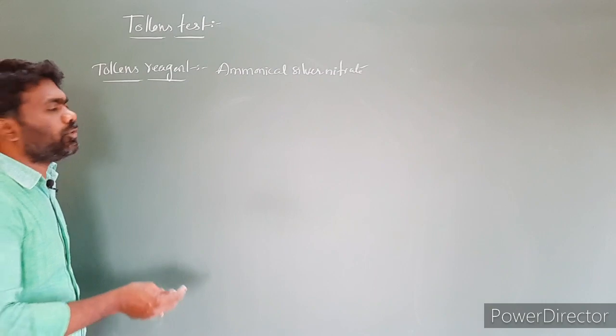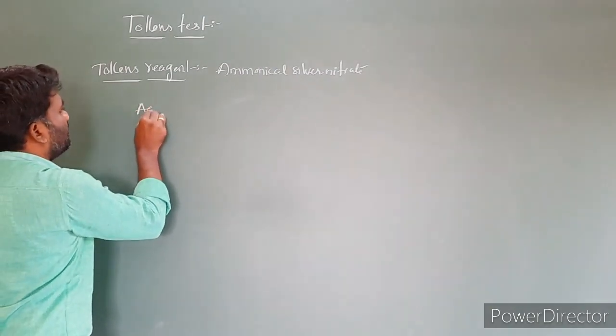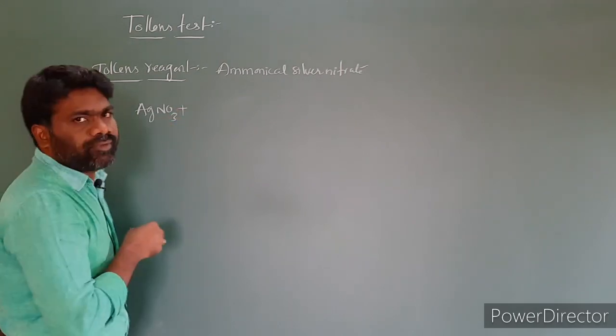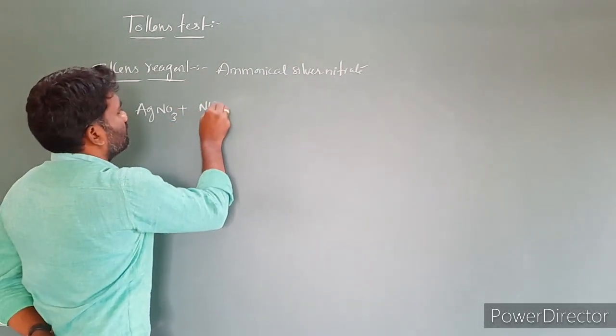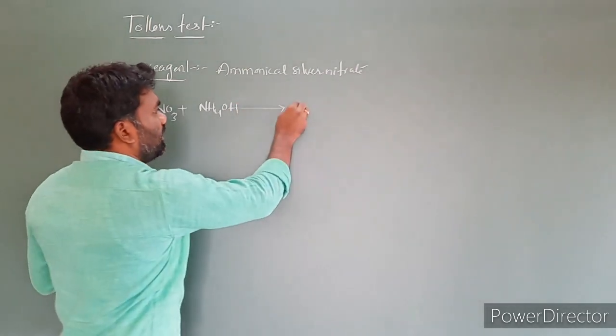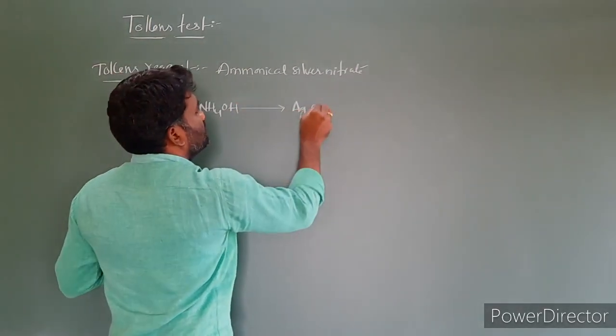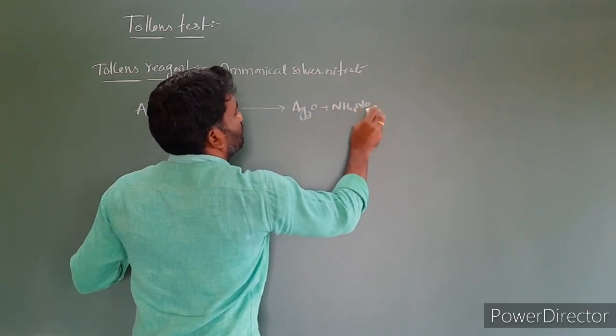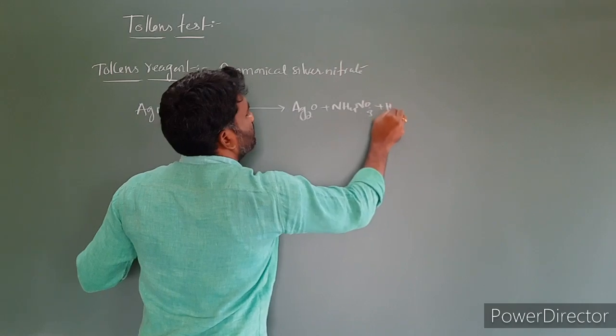Then how to prepare the Tollens reagent? First we take silver nitrate, AgNO3. This AgNO3 we treat with ammonium hydroxide. Then the product we expect is Ag2O plus NH4NO3 plus water.